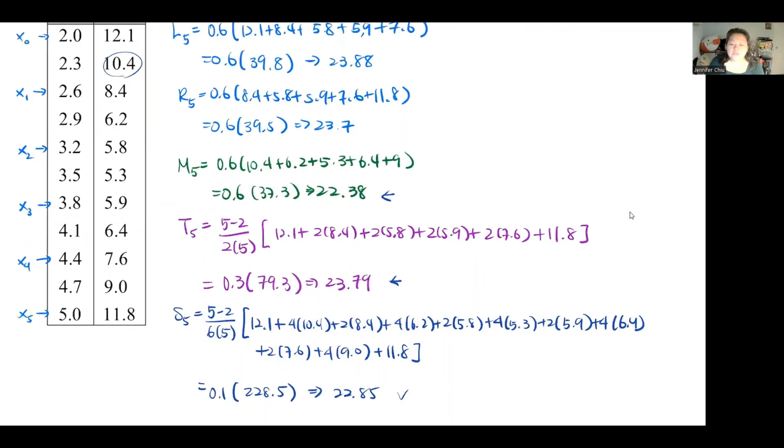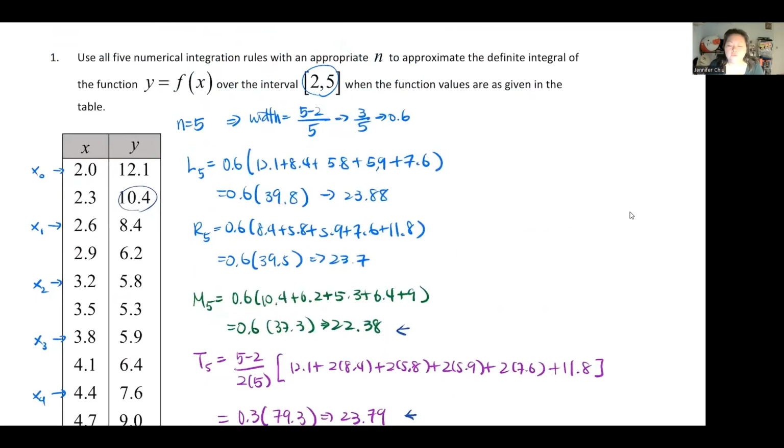Okay. So this is a taste of how to use all 5 numerical integrations. The numerical integrations are an estimate. There's going to be some error between the actual integral, the actual area, versus what you are estimating it with. We said the least accurate are LRAM and RRAM, so the error is going to be a lot bigger there versus a trapezoid or Simpson's rule.